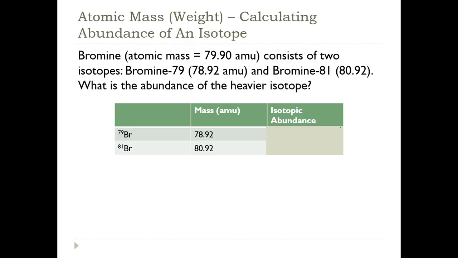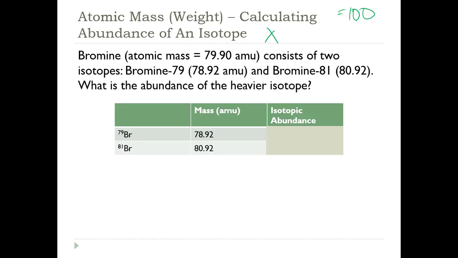If we have just two isotopes and we don't know their abundance, we can set the percent abundance of one as being x. The percents equal 100, so let's say this one was 60%, then we know the other one must be 40%.